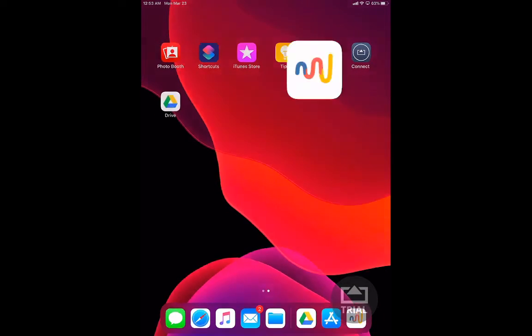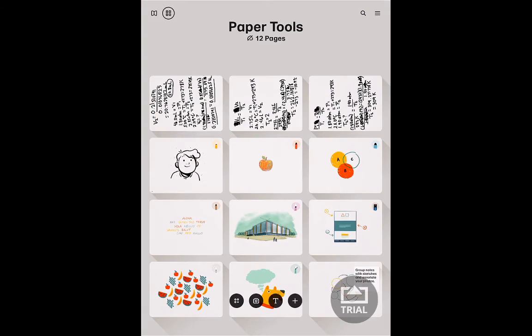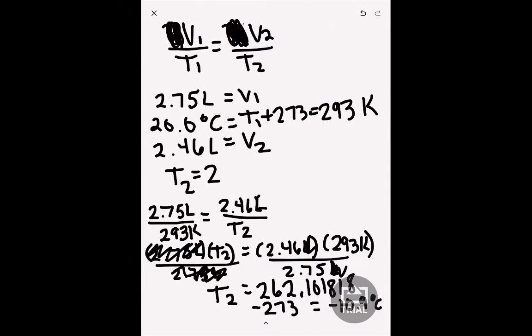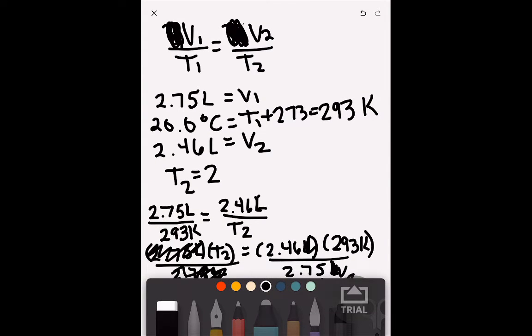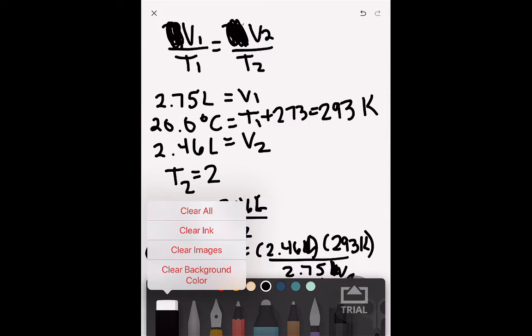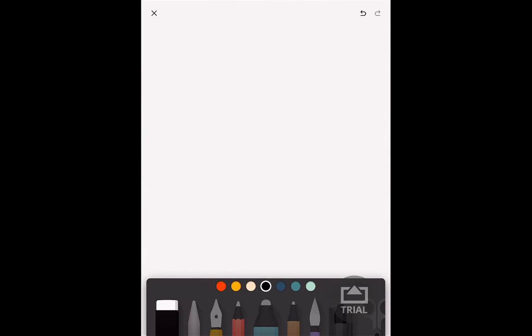So let's go back over here and go to another one, and let's clear all, and then go back to my pen. So again, PV equals nRT. All right, and we are given a 5-liter propane tank, so 5 liters.